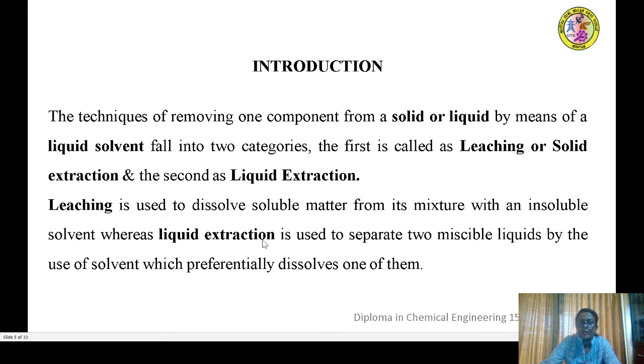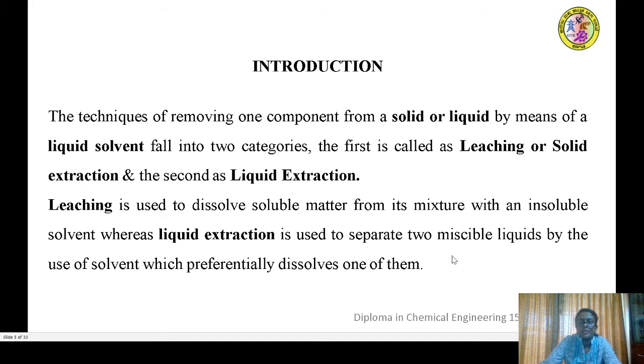liquid extraction is the operation used to separate two miscible liquids by the use of a solvent which preferentially dissolves one of them. That means, suppose you have two miscible liquids in a solution, so it's a liquid solution, and if a solvent is selected which preferentially dissolves any one of these two liquids, and that is used to separate the two miscible liquids in the given solution, then it is known as liquid extraction.